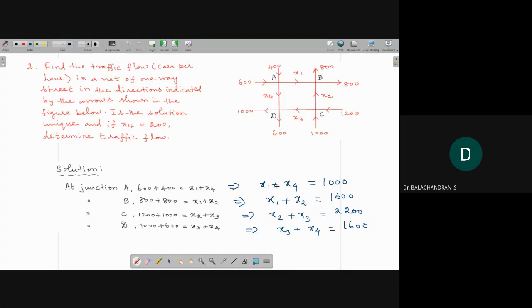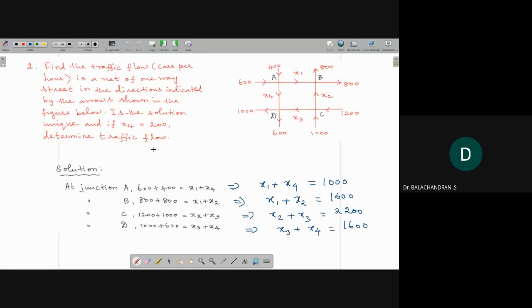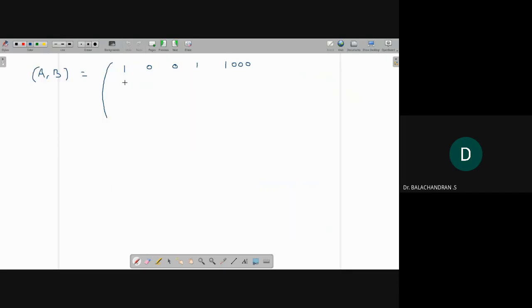Right hand side is 1000. Then 1, 1, x3 and x4 are 0, and right hand side is 1600.